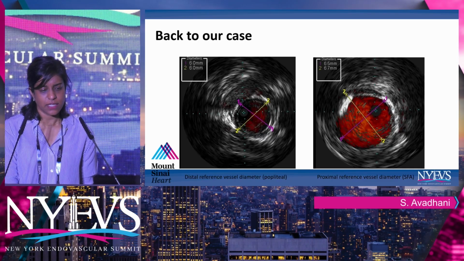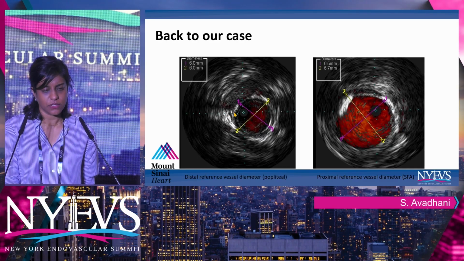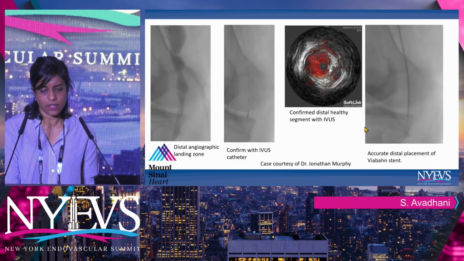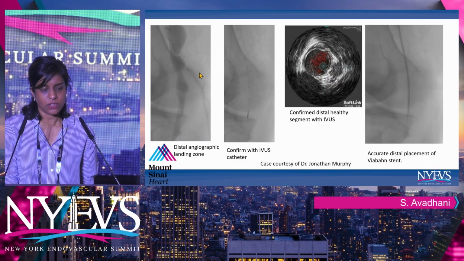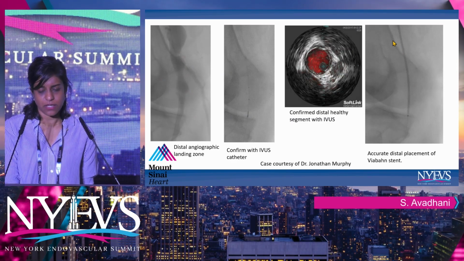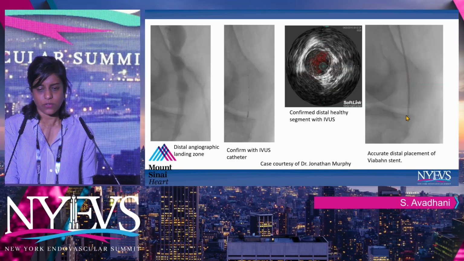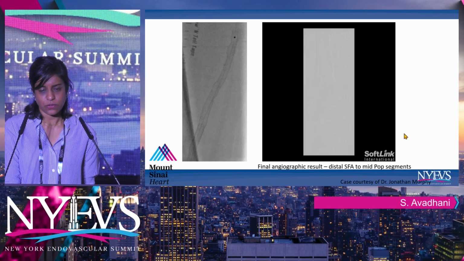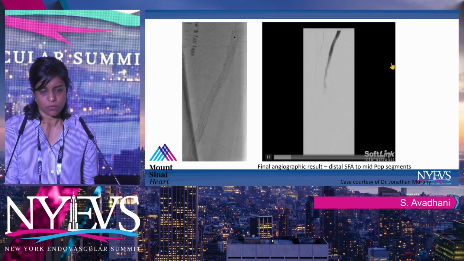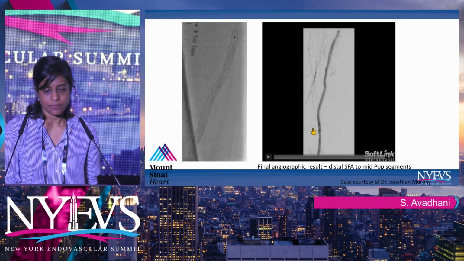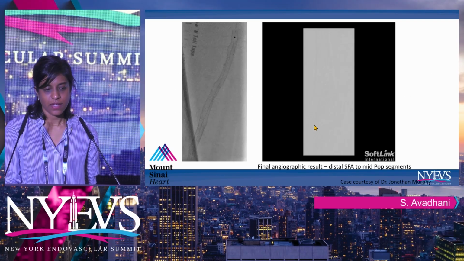In this case, we were able to use IVUS to not just identify our healthy proximal and distal landing zones, but also the evidence of a lot of thrombotic burden in this aneurysm helped us use a Viabahn stent, a covered stent, to really exclude any thrombus, and this was our post-intervention angio.